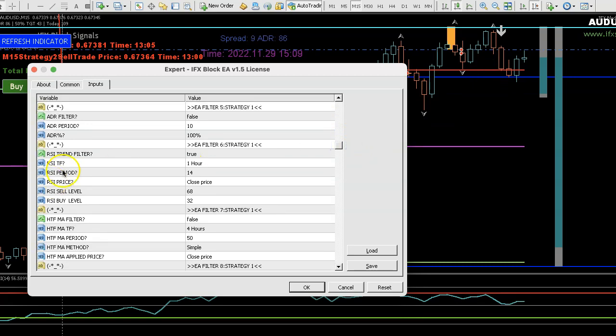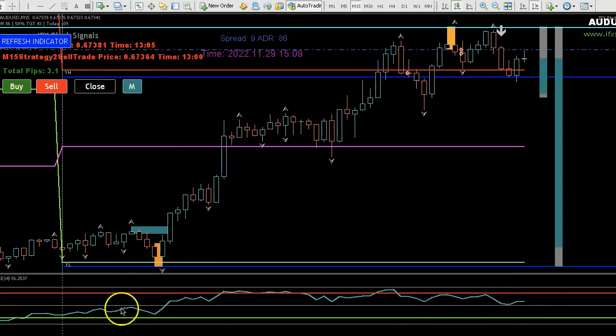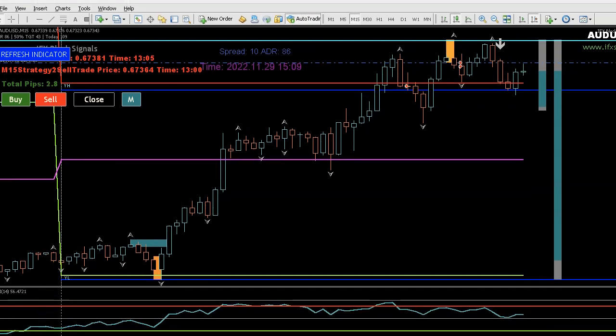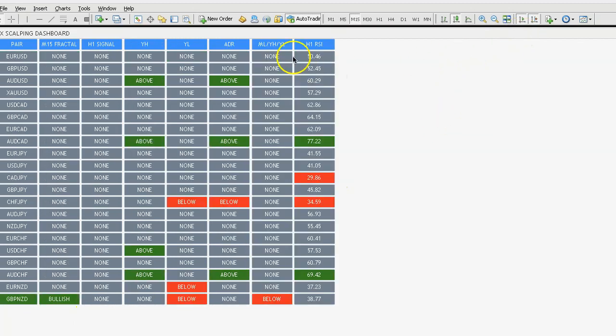So now, what do we have in here? The RSI trend filter. Remember we talked about it on the dashboard. Right here on the dashboard, we have pretty much this, right? So these last 2 columns: this is the mid-level and then this is the RSI. What we want to do is, this is considered the trend.